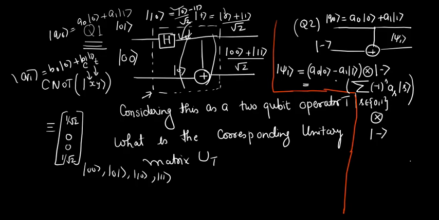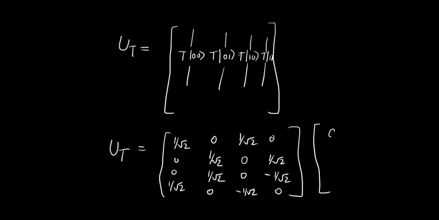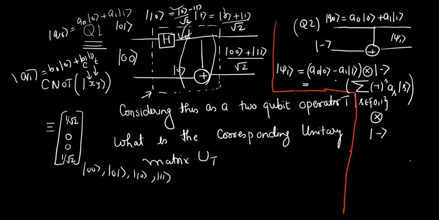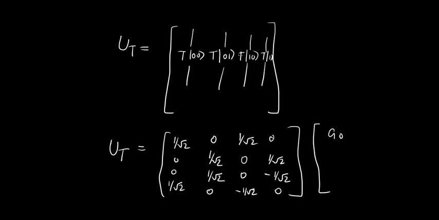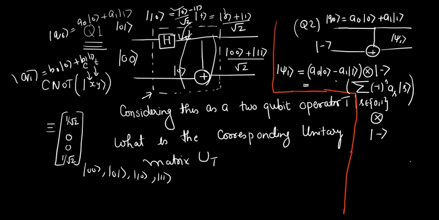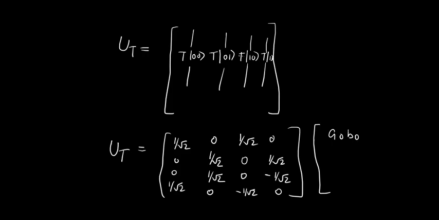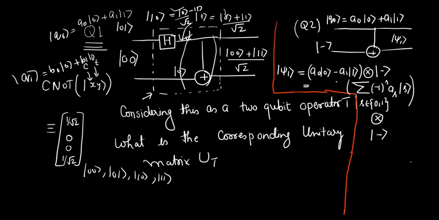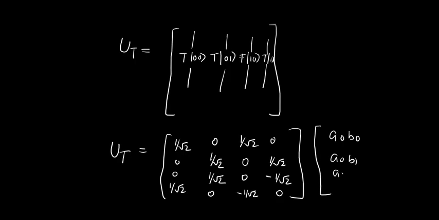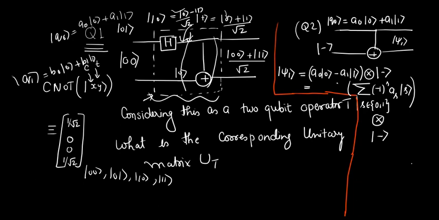What you need to do is multiply this with A0B0, A0B1, A1B0, and A1B1, right? So this will give you the composite output state, because you are now observing this as a whole box, which you call T, and the corresponding operator is UT. So this is one thing.